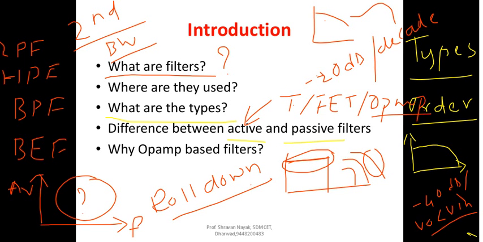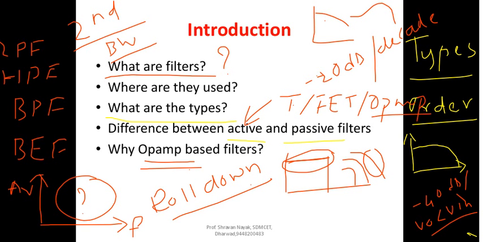Whenever active devices are involved, you always have performance advantages compared to passive filters. Here we discuss active filters, and very specifically filters designed using operational amplifiers. Now the question is, why operational amplifier based filters? You have other counterparts also in active filters.